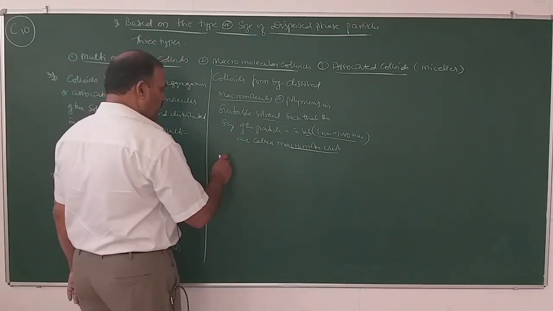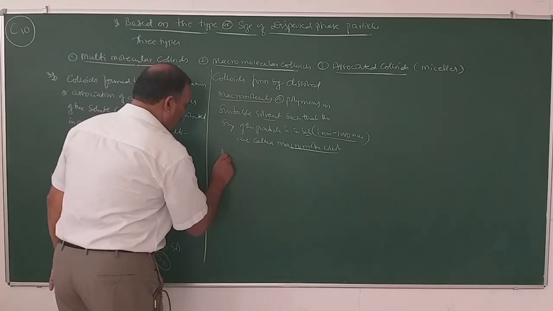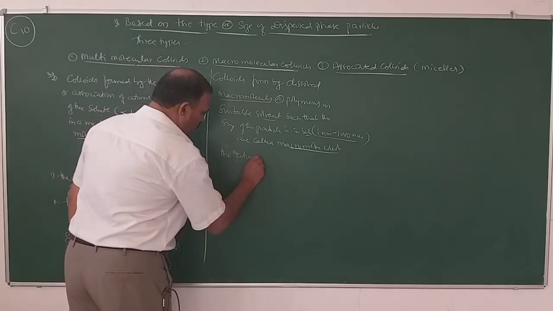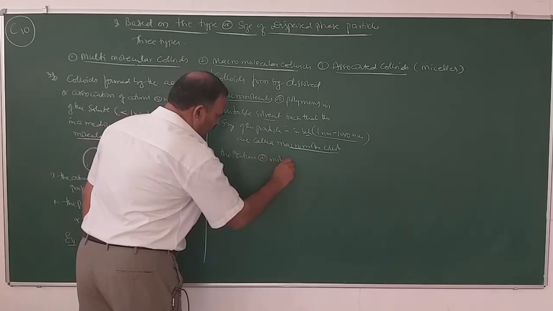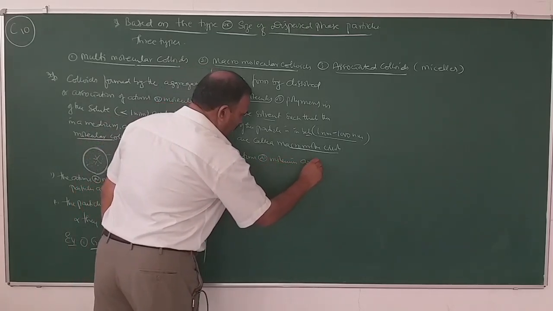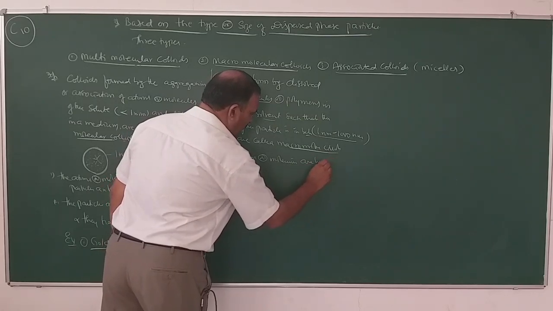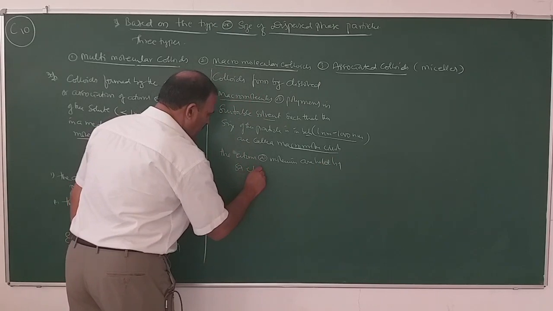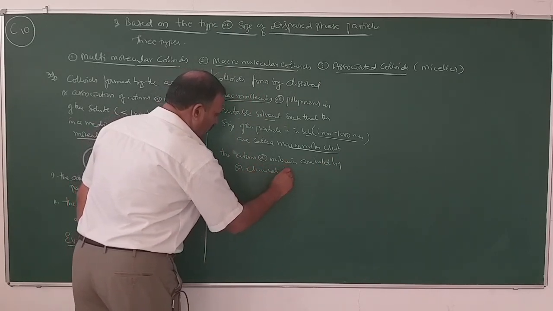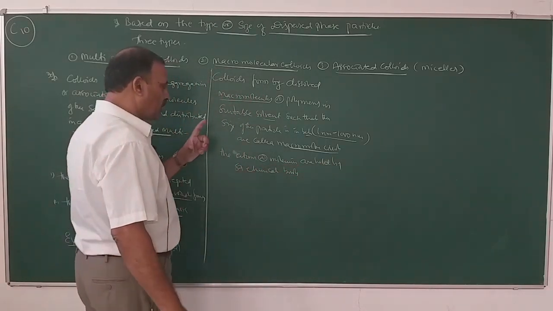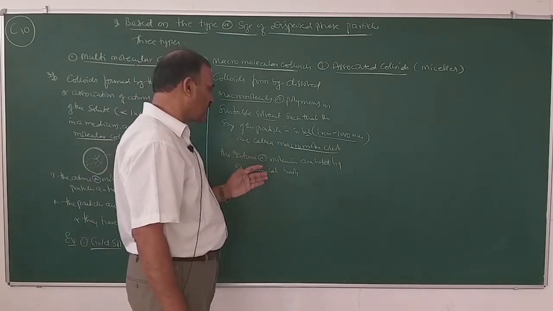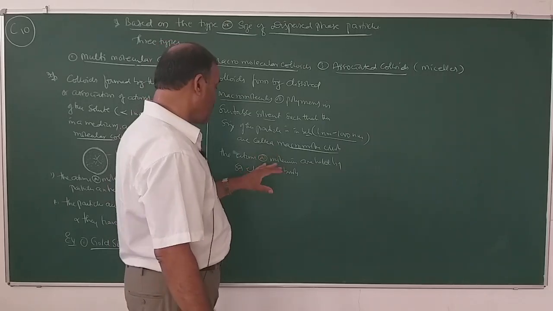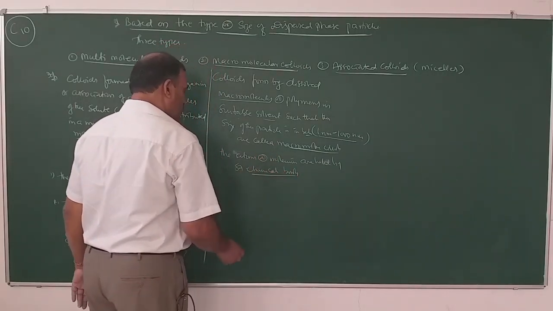So here the atoms or molecules are held by strong chemical bonds. Here the bigger particles are broken down to the size of colloidal particles, where the atoms and molecules are held by strong chemical bonds only.